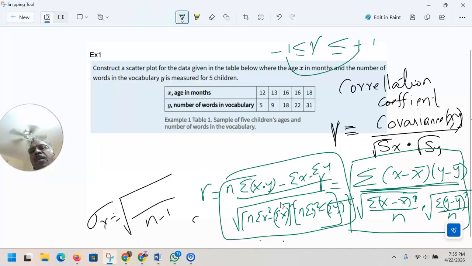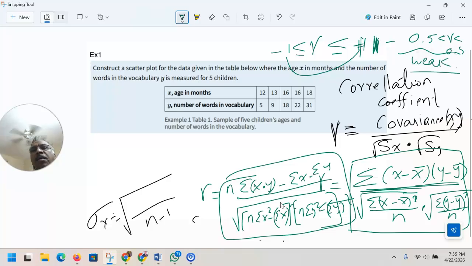The value is always between these, and if it is positive, we say positive correlation. If your number is between -0.5 and 0.5, that is, R less than 0.5 in magnitude, this is called a weak correlation.